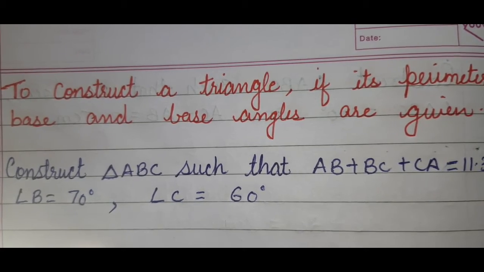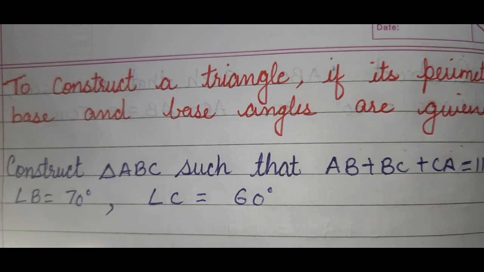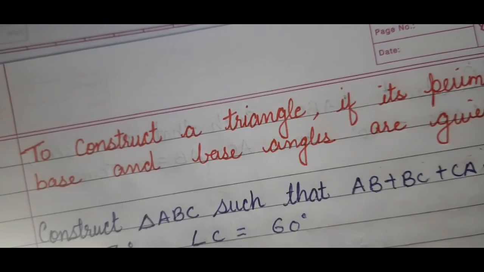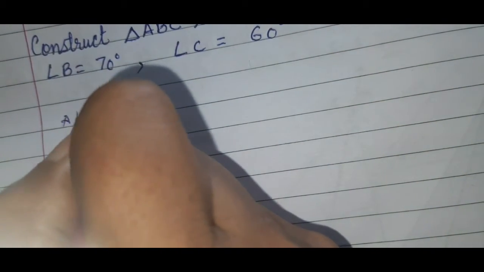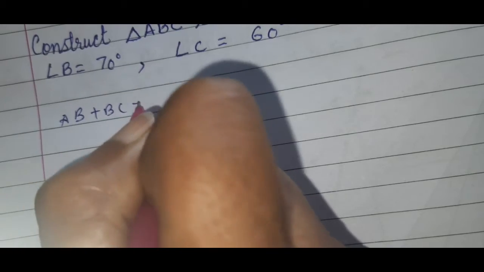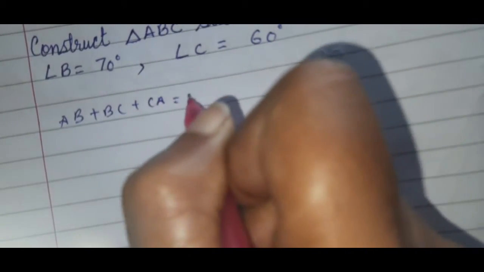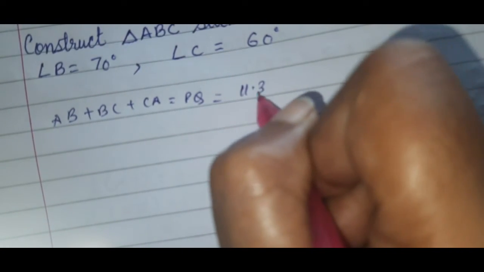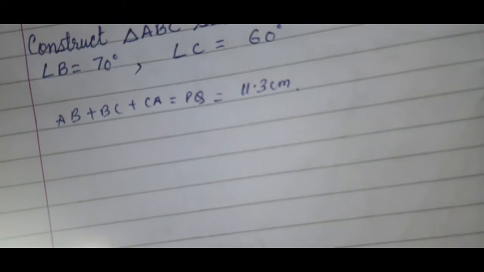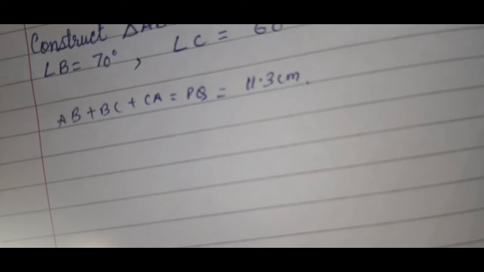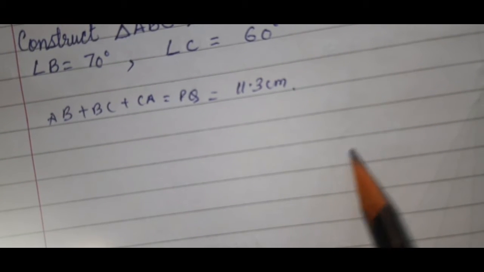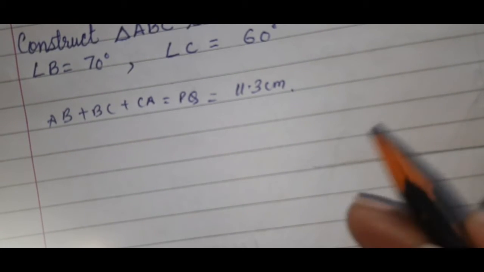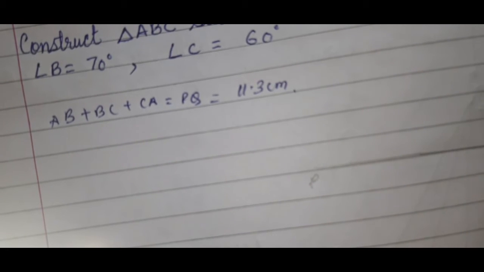Okay, so here what we have to consider is AB plus BC plus CA is equal to PQ, equal to 11.3 centimeter. Okay, so very first thing we have to plot 11.3 centimeter, that is PQ.